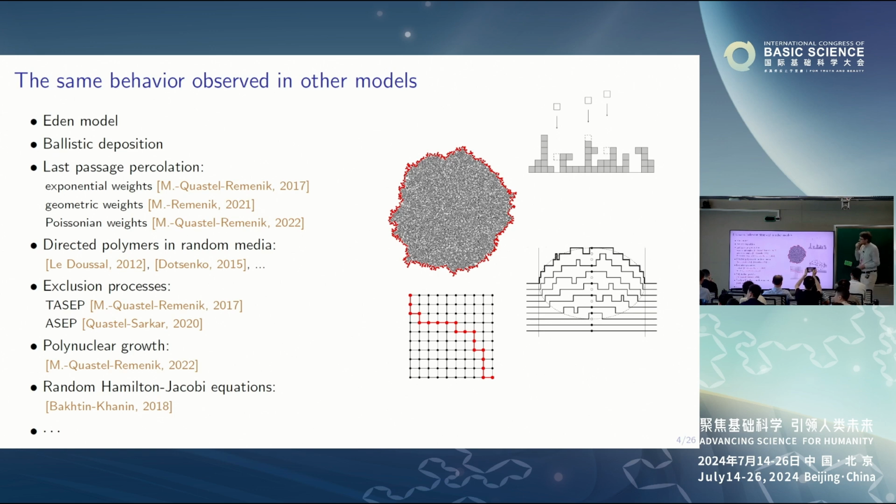Another known model is the Eden model, which simulates bacterial growth. We have this spot of particles, and particles get attached to the boundary randomly, satisfying certain conditions.